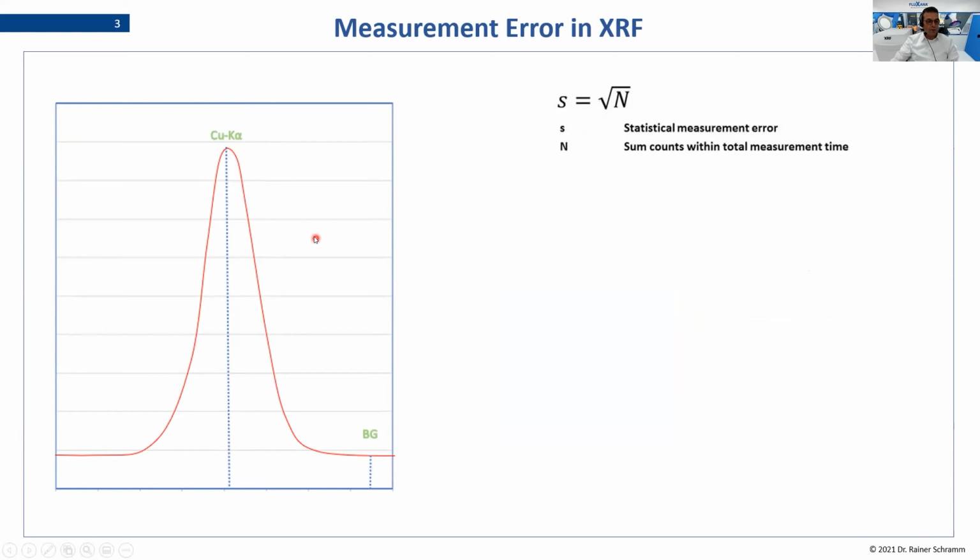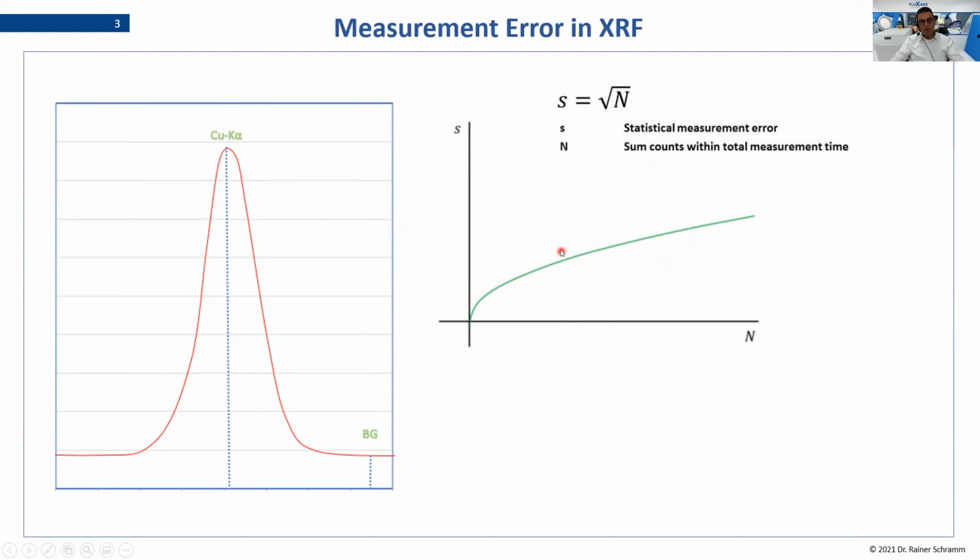This means that the X-ray can be seen as particles carrying an energy, and these quanta, as they are called, are just counted. So in the end you have a total number of counts n, and the error of this counting process is the square root of n.